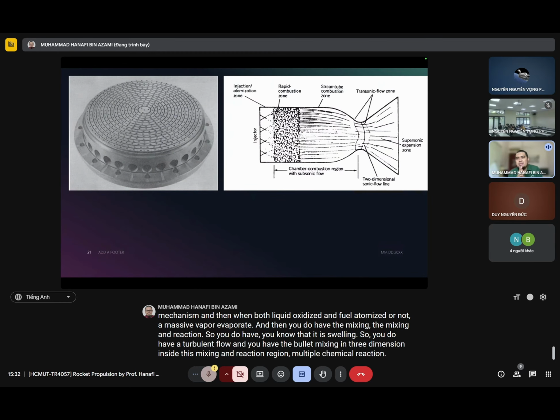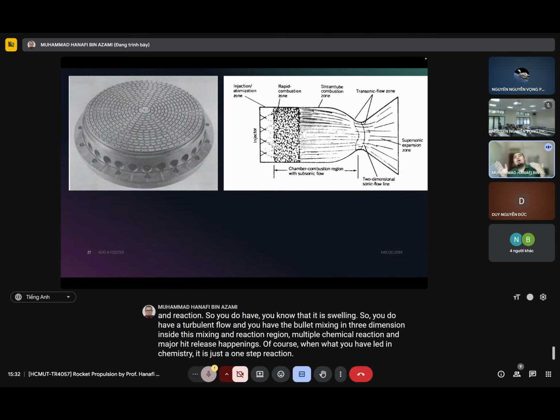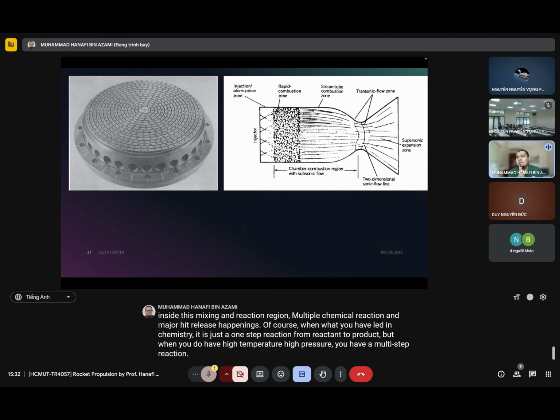Multiple chemical reactions and major heat release happen. Of course, what you have learned in chemistry is just a one-step reaction, reactant to product. But when you have high temperature and high pressure, you have multi-step reactions.